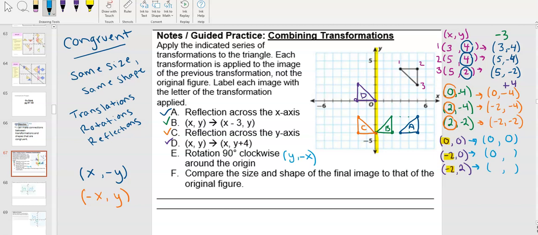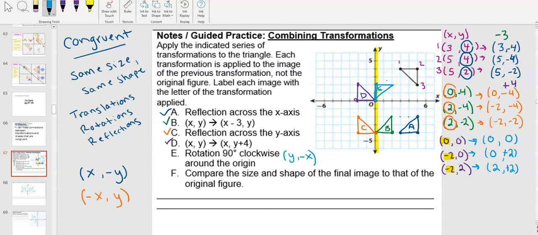But when I rearrange 0 and negative 2, my negative 2 is going to change positive. 2, negative 2, my negative 2 is going to change positive. So those are my new points. So when I go to graph them, I have 0, 0, 2, 2, 0, 2. There is my shape. This is letter D rotated 90 degrees clockwise.